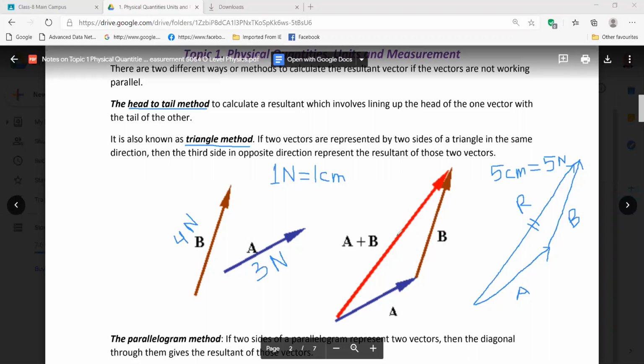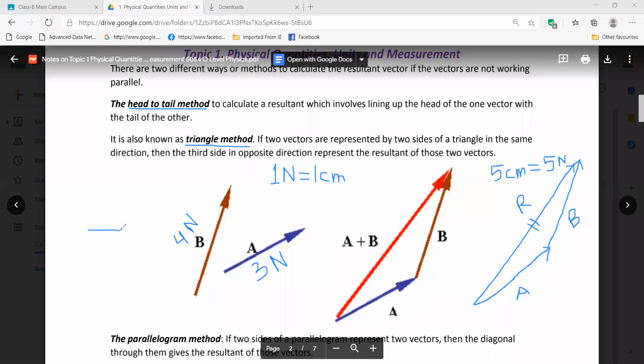So the first two sides we are showing in the same direction. These are two vectors we are showing in the same direction. Then the third side in opposite direction is giving you the resultant. That's the triangle method.